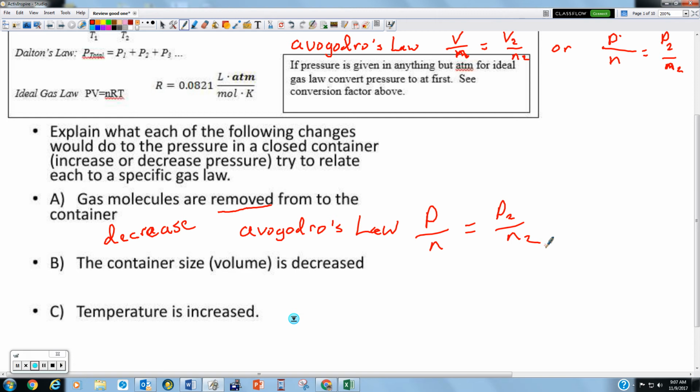All right. So the second one, container size. The volume is decreased. So we decrease the size of the container. What's that going to do to the pressure? So pressure increases. And who does this one relate to? Boyle.